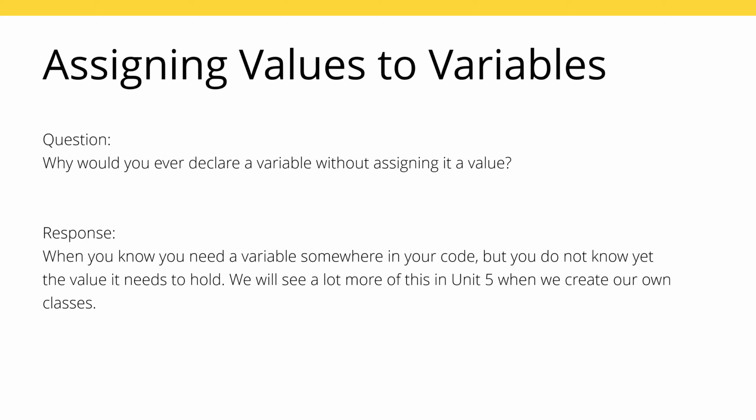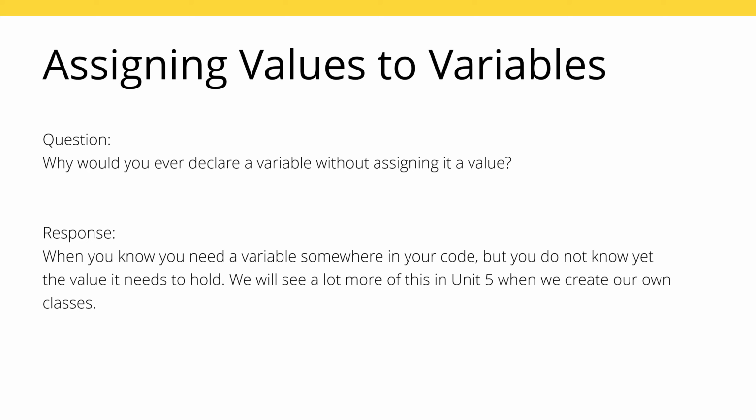So think about it with the box analogy. Well, we know we're going to have kitchen supplies we need to put in this kitchen box. But at this moment in time, when I encounter this line of code in my program, I don't quite know what kitchen items I'm actually going to be putting into this box.